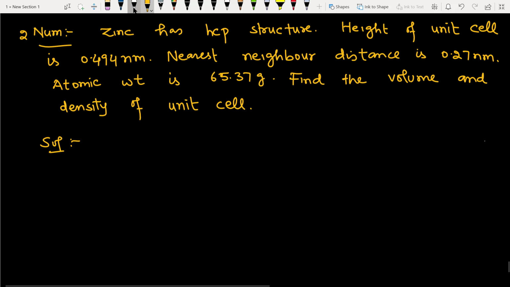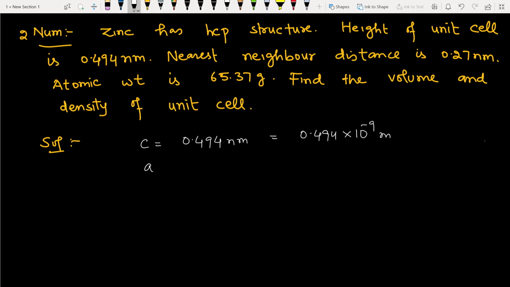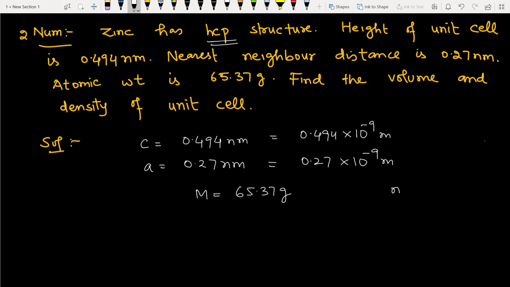Solving this, height we write by letter c, 0.494 nanometer. So it is 0.494 10 raised to power minus 9 meter. Nearest neighbor distance is written by letter small a, 0.27 nanometer. It is 0.27 10 raised to power minus 9 meter. Capital M is 65.37 gram, and as it is an HCP arrangement, the number of atoms per unit cell is 6.